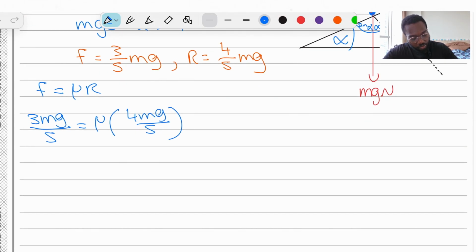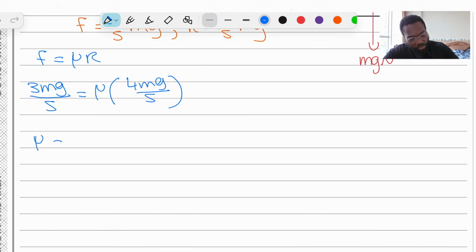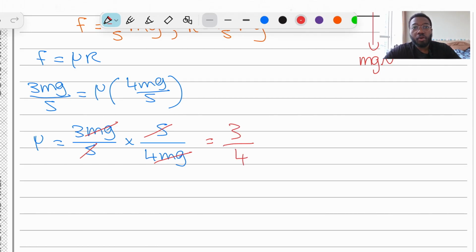Therefore, μ is simply going to be equal to 3 mg over 5 divided by 4 mg over 5, which is the same as saying times by 5 over 4 mg. And as you can see, a lot of things cancel out here. Our mg's cancel out, our 5s cancel out, and therefore we are just left with μ being 3 over 4.